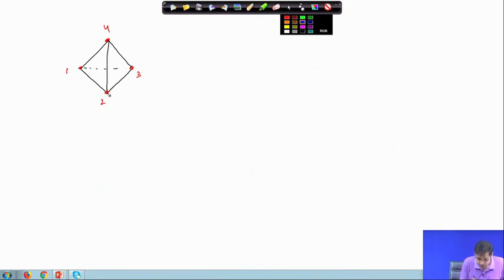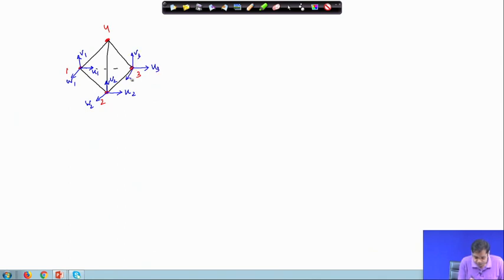So, this is your U1, V1, W1, then U2, V2, W2, and similarly U3, V3, W3, and U4, V4, W4. So, at every point you have 3 degrees of freedom.